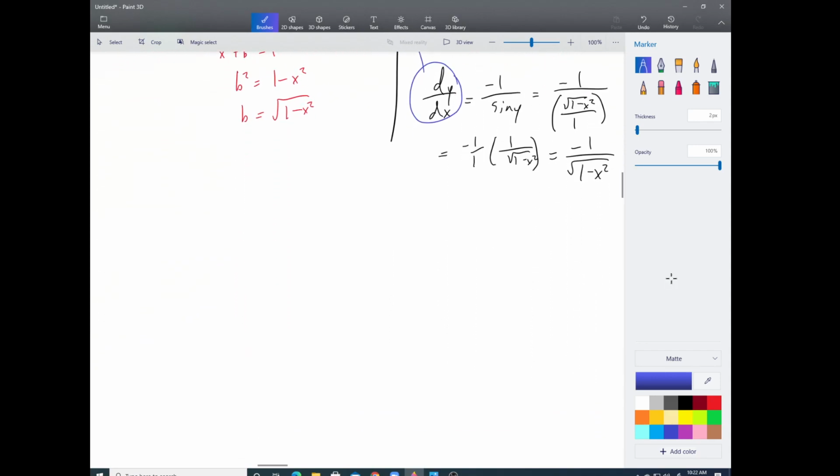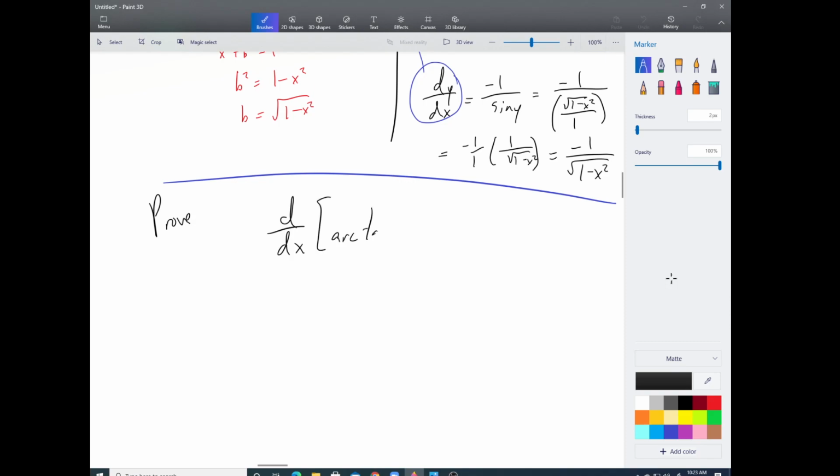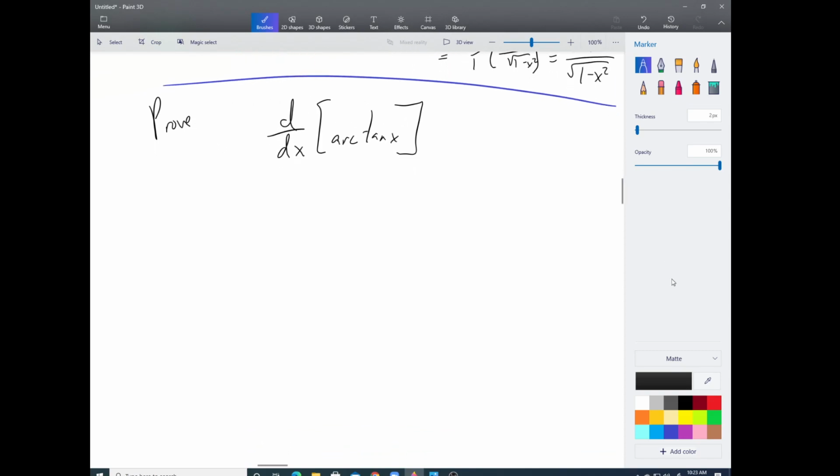Okay. All right, and like I said, I'm not going to do all the trig functions, but I am going to do one more. We're going to prove the derivative of the arctangent as well. And for the other 3 trig functions, the proofs would be similar, but I'm not going to do those.